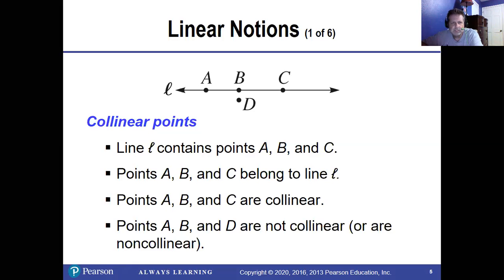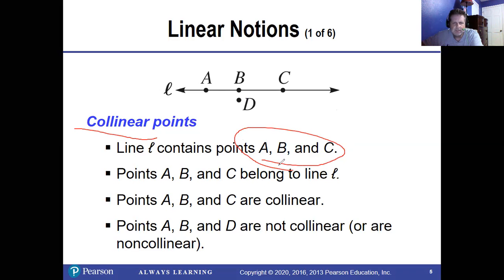Linear notations, we already talked about this. Line L, lowercase, contains points A, B, and C. They are what we call collinear. There's your term, collinear. Because any 2 points can make a line, you have to have 3 points to make them collinear.